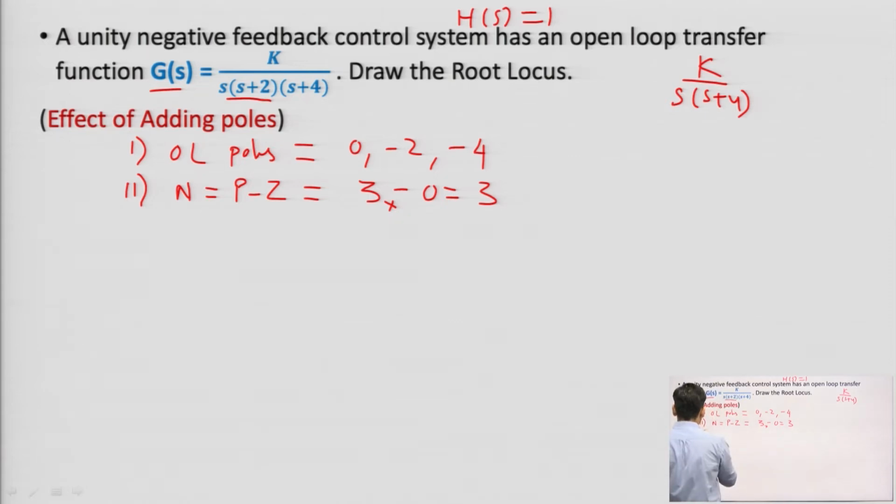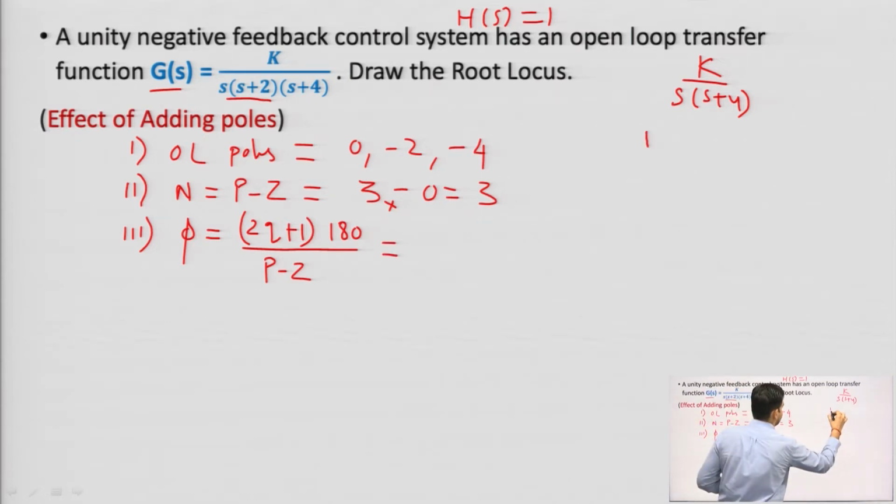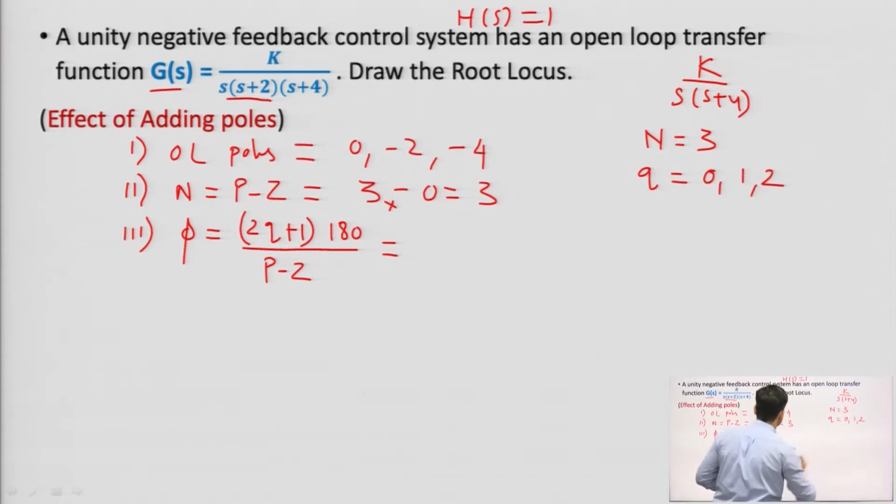In the same way, we would like to calculate the angle of asymptote, which means in which direction these poles will terminate at infinity. So I will write here (2q+1) multiplied by 180 over p minus z. Now, whenever my n is 3, as I told you in the last lecture, q value would be 0, 1 and 2.